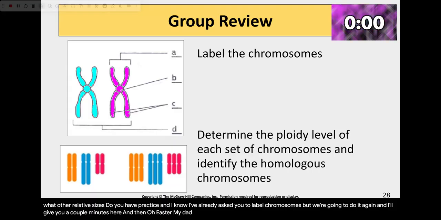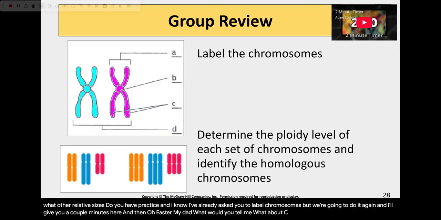All right, let's review this slide here. If I were to ask you what is A, what would you tell me? All right, let's skip A and we'll come back to it. Let's do B. Centromeres. All right, we all have B. What about C?